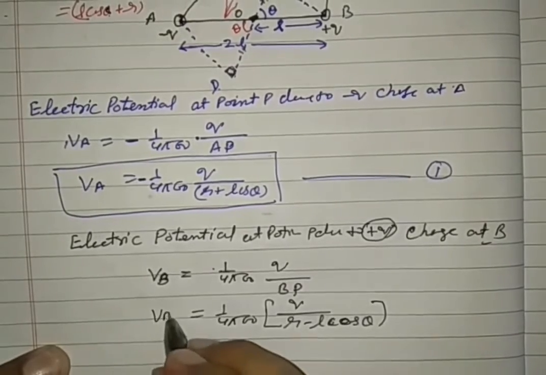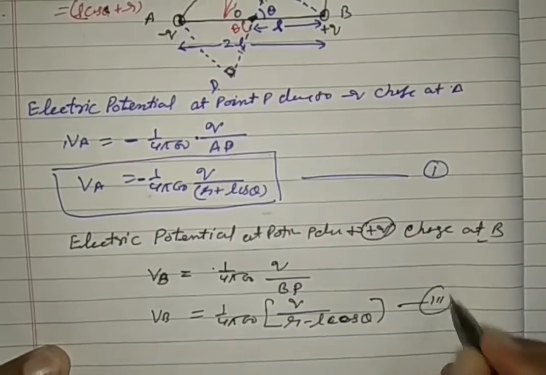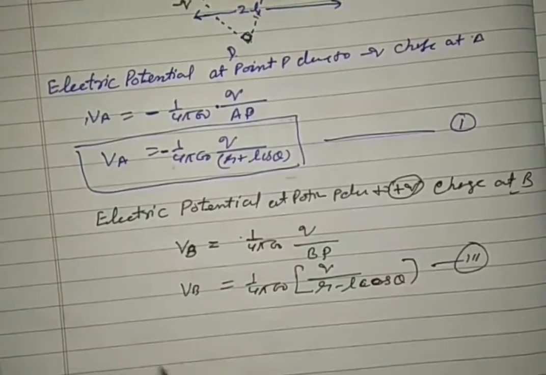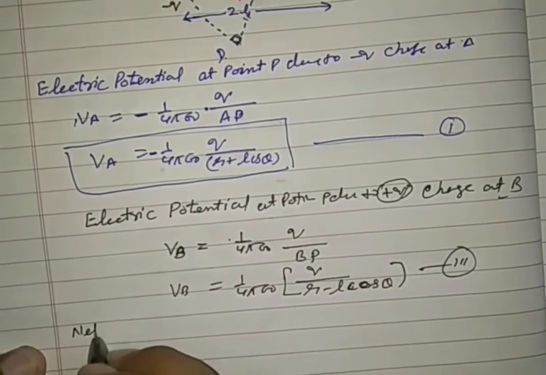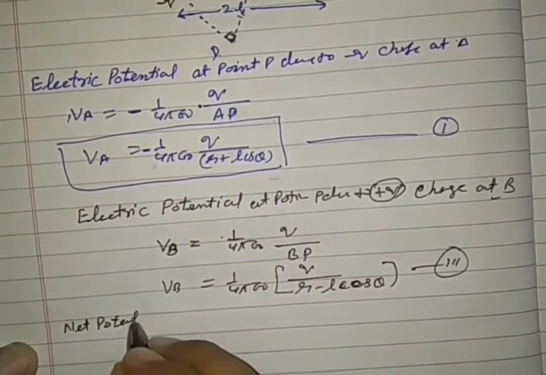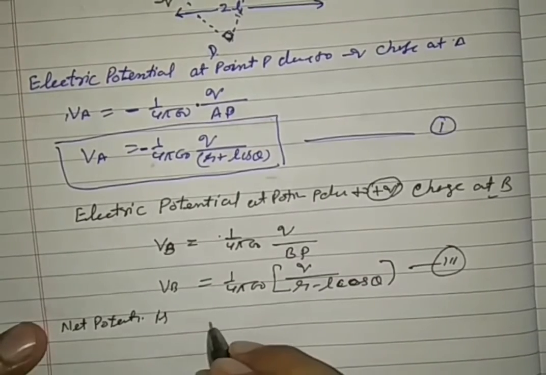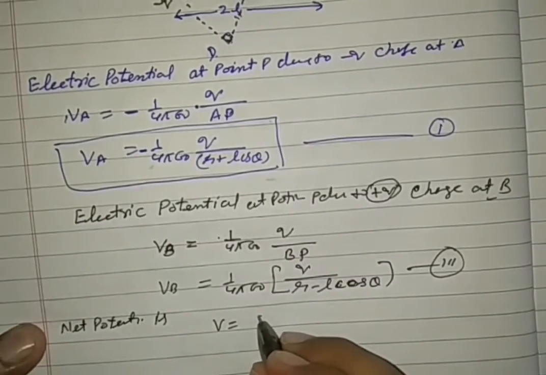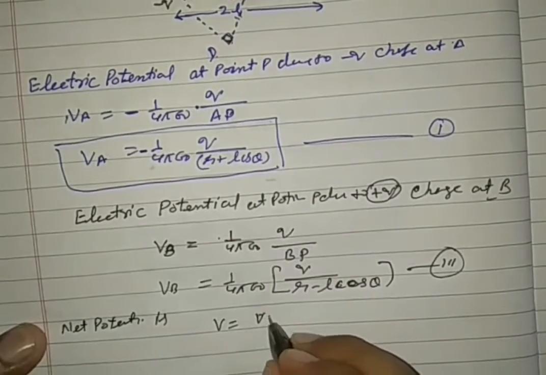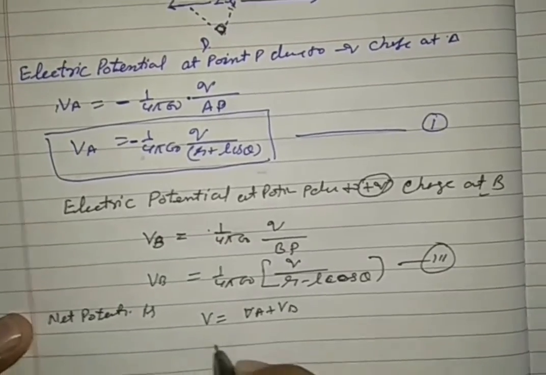Just like in the first and second case, the net potential V is equal to Vb plus Va.